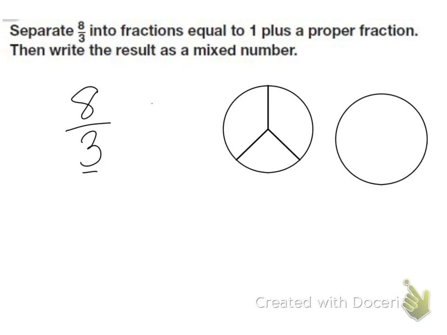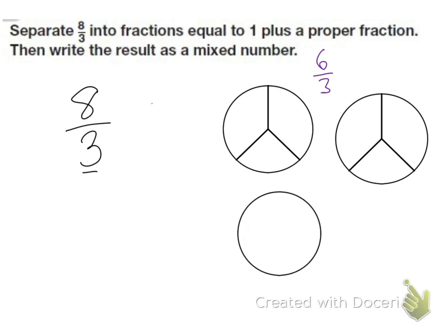And here's another 3/3. So 3/3 plus 3/3 would be 6/3. So here we have 6/3. And then I'd have another 2/3 to get to 8/3. All right, just like that. So this is 8/3 shown on my picture.